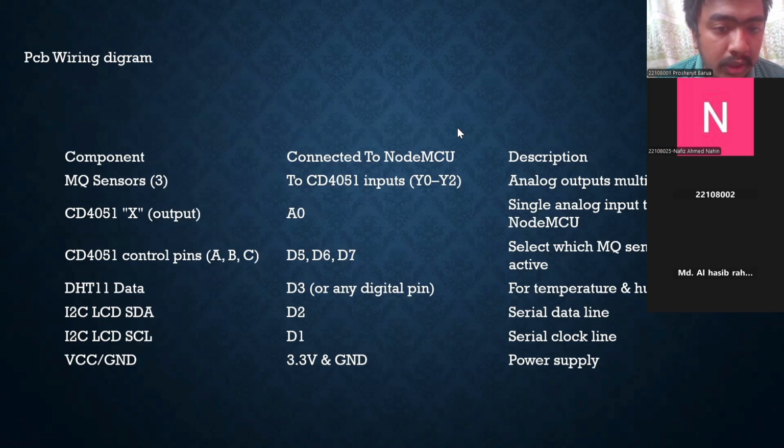The CD4051 common pin is connected to the A0 pin of NodeMCU. CD4051 control pins A, B, C are connected to the digital pins NodeMCU D5, D6, D7. DHT11 is connected to NodeMCU digital pin D3, I2C LCD SDA pin is connected to NodeMCU D2 pin, and SCL pin is connected to D1 pin on the NodeMCU, and VCC and ground are connected to the NodeMCU 3.3V and ground point.